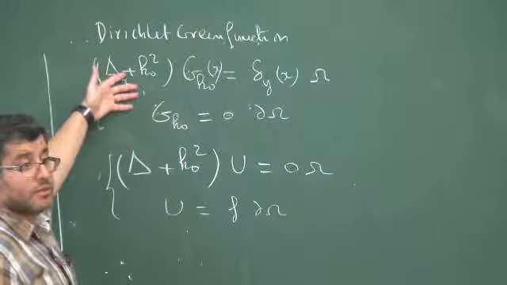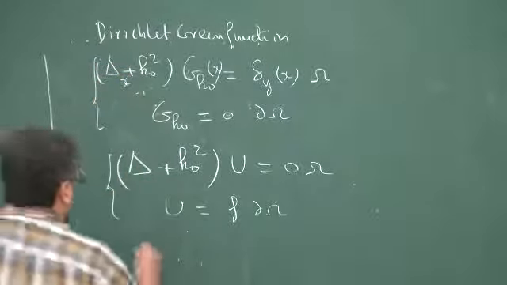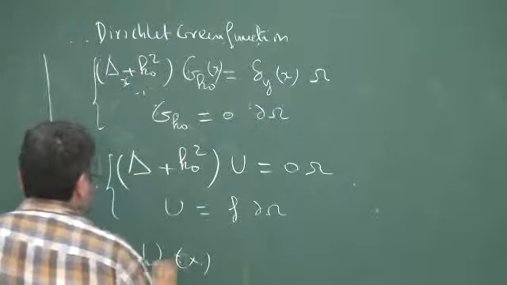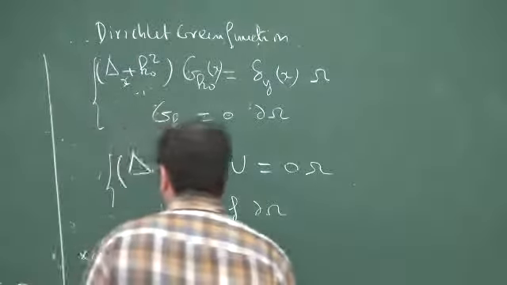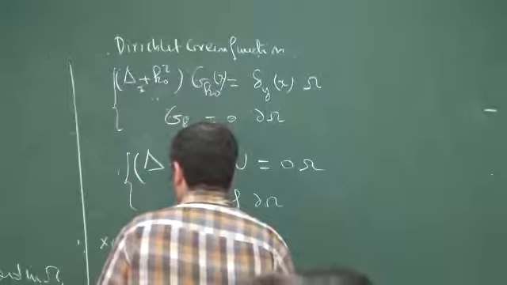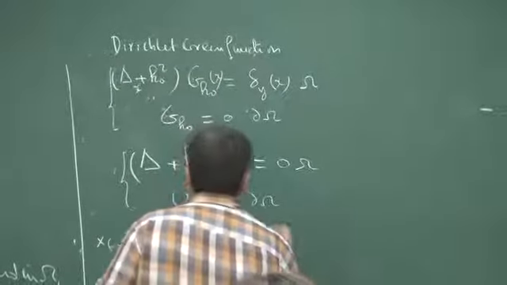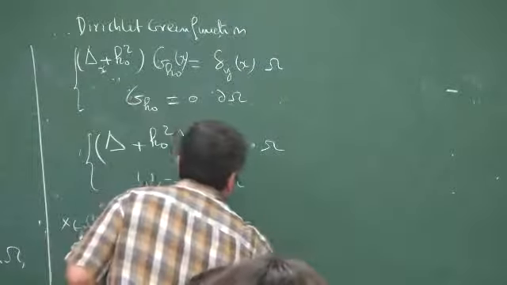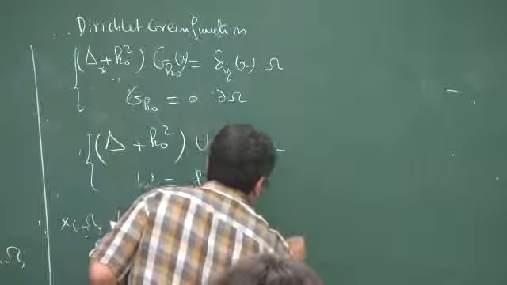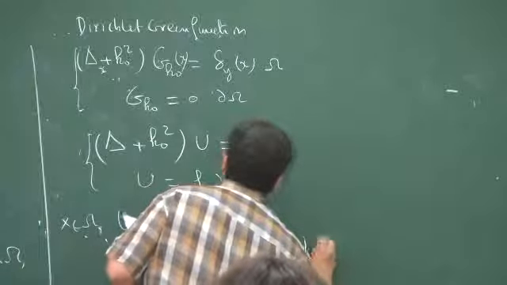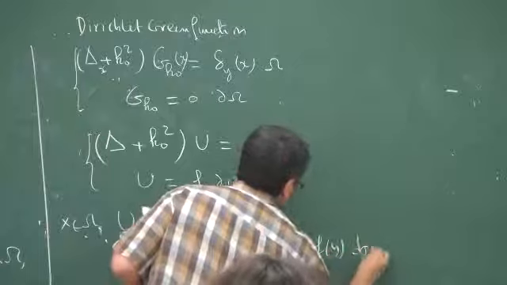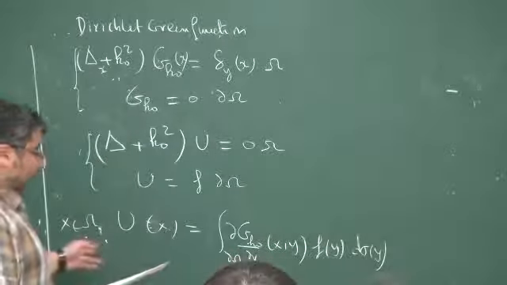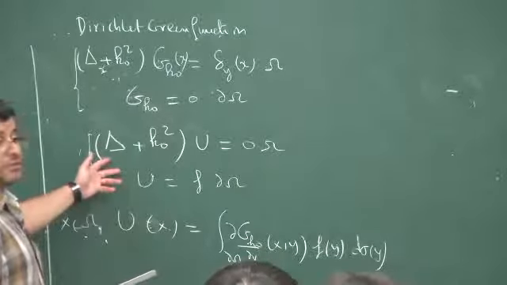And we have U of x for any x inside omega given by the integral of the normal derivative of G_{k0}(x,y) times f of y d sigma y. This is the representation formula for the background solution.